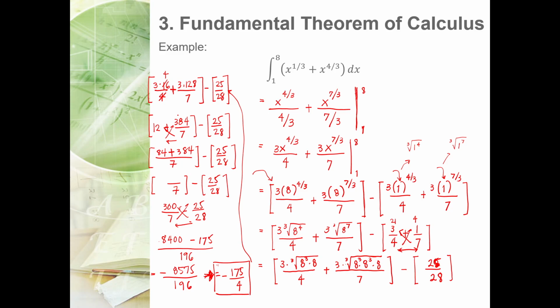So that will be 384 plus 84. I think it's 468, so 468. Then, 468 times 28 is 13,104.